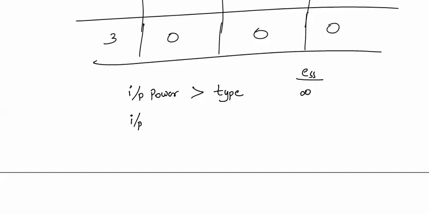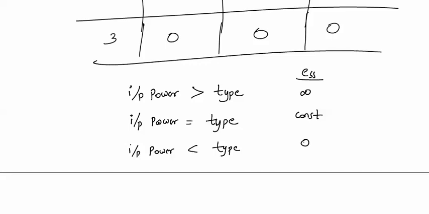If input power is equal to type, then steady state error is constant, and if input power is less than type, then it is 0. So this shortcut is very helpful in solving the GATE problems. You need not remember anything, so this will help you a lot.